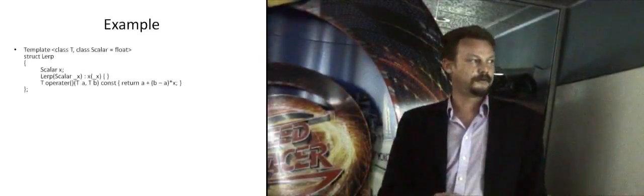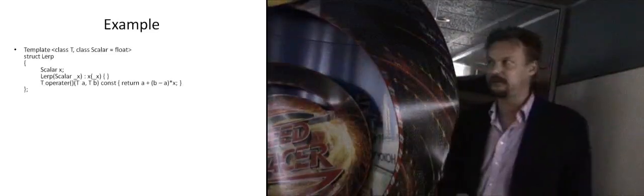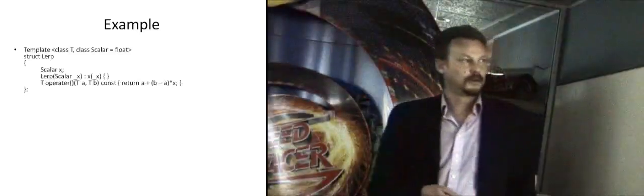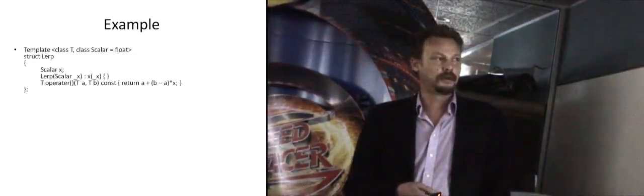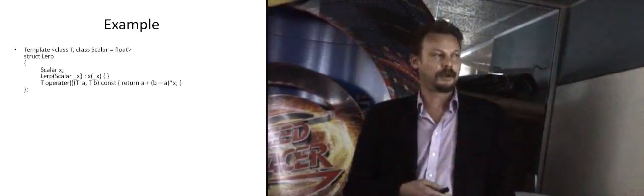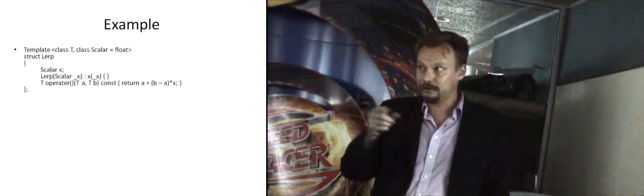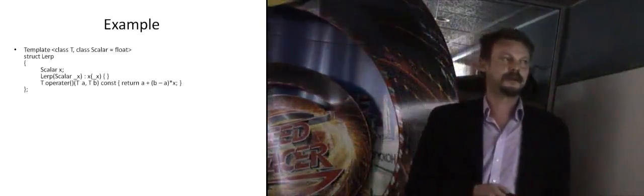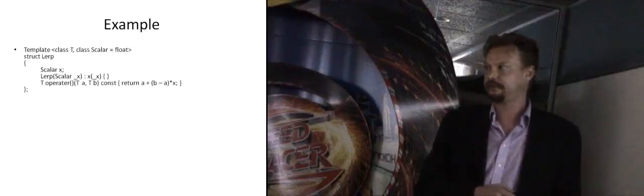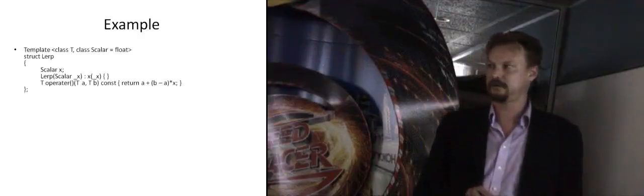So we have a structure here whose sole existence is to linearly interpolate between two values. It'll do that over whatever type of thing you give it. The alpha parameter to use, 0 to 1, how much to interpolate between those two things, is factored out as a scalar and it defaults to float. I hope that we're familiar with this sort of syntax.